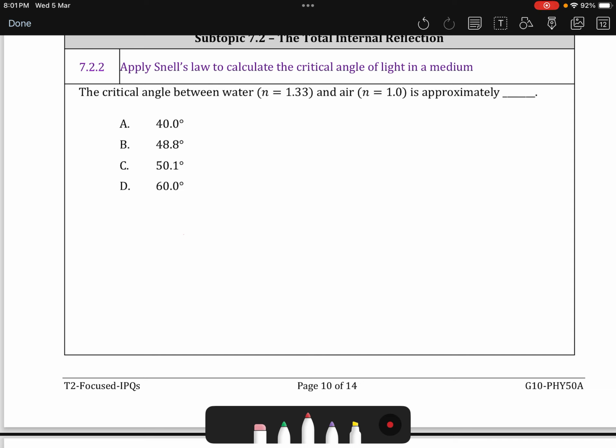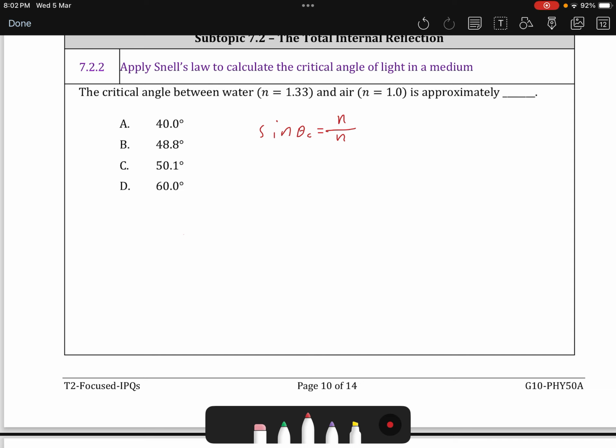The critical angle between water, n equal 1.33, and the air, which is n equal 1. Now, sine theta critical equals n over n. Which n is at the top, and which n is at the bottom?